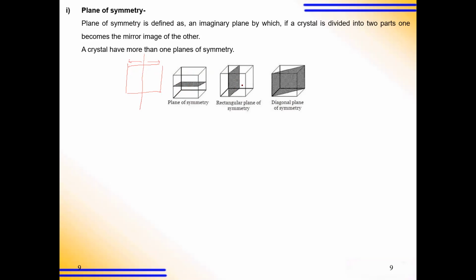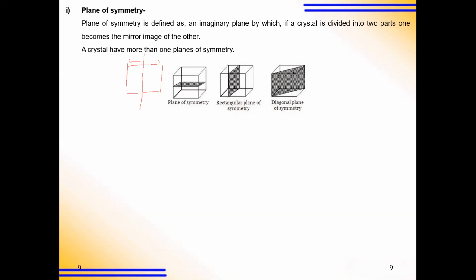Again, this is the rectangular plane of symmetry. Again, these 2 equal parts are divided by this imaginary plane, right. So this is the plane of symmetry. This is also the diagonal plane of symmetry, because this plane is made by the diagonal, right?